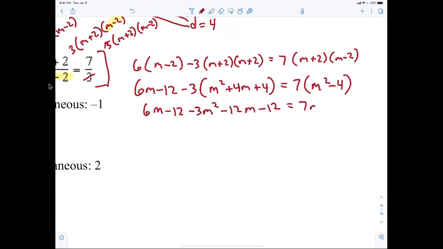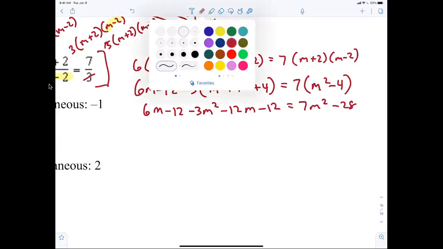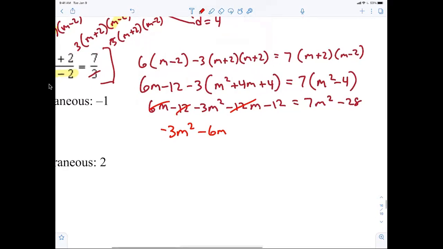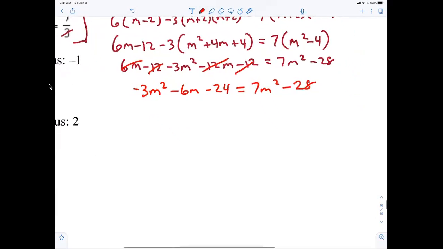Distribute the 7: 7m squared minus 28. Now I'm combining terms. So I have negative 3m squared, negative 6m, negative 24 equals 7m squared minus 28.